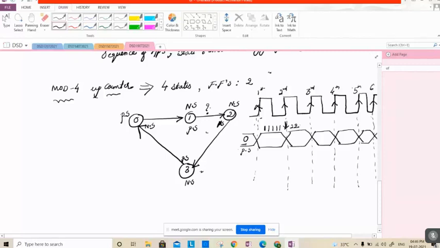After that, again 2, again 2. Whenever there is the next positive edge, 3, 3, 3, and so on. Then if there is a positive edge, it will be 4, then 5. But we won't get 5. So here it is only 0, 1, 2, 3. After 3, the next state will be 0.